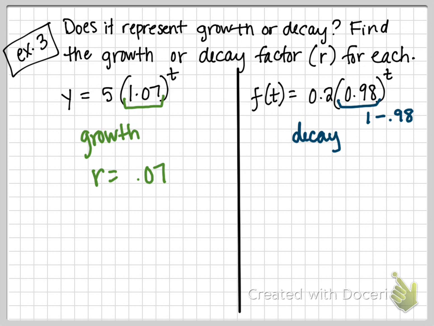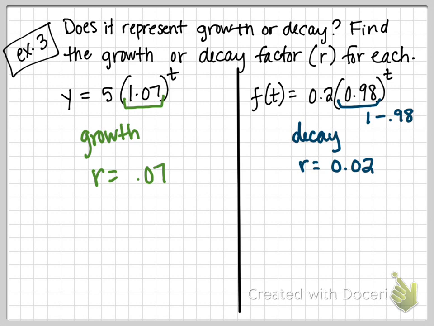Remember that we said that to find the decay rate, we have to do 1 minus 0.98. So how much is this going down by each time? What's 1 minus 0.98? 0.02.